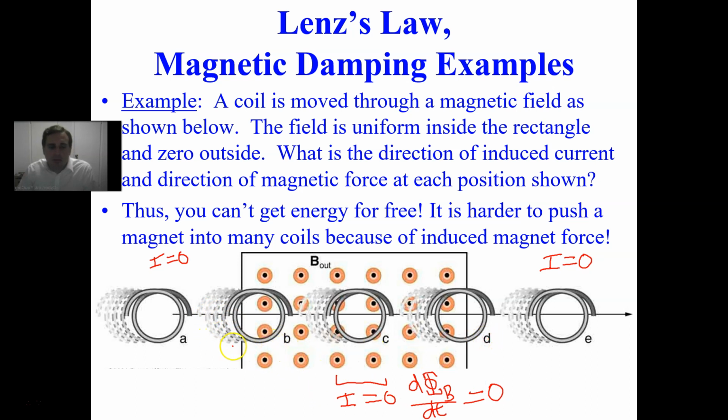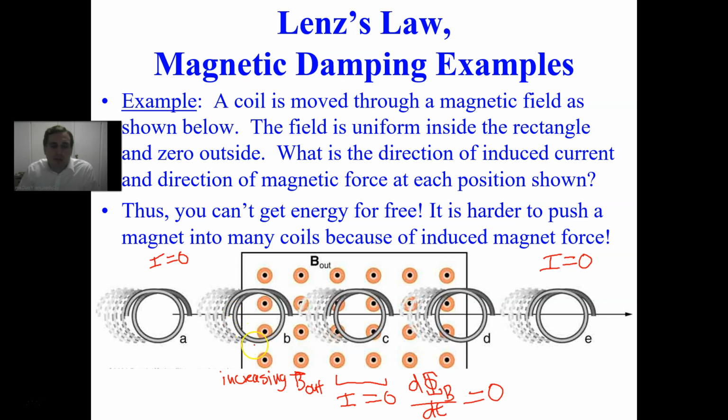All right, but now let's look at lowercase b and lowercase d, respectively. Let's start with lowercase b. When the loop moves onto the scene from a no magnetic field location to a magnetic field location, we are increasing the magnetic flux that is out of the page. So again, think about this loop as your stubborn roommate. They say, hey, I don't like magnetic field out of the page. I like things being 0, like they were originally.